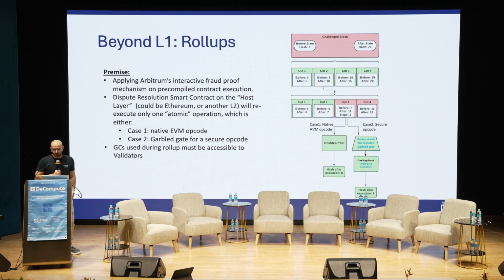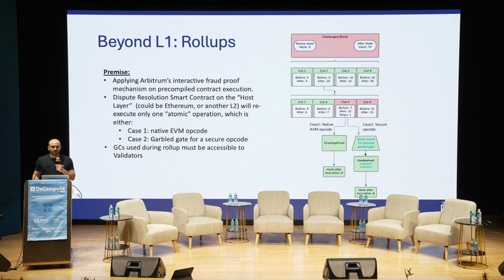And we understood that we can combine the interactive fraud proofs of Arbitrum with garbled circuits. I will not get into much detail here, but if you know Arbitrum's protocol, there is a bisection protocol where an asserter and the party who raises a dispute need to decide who is right and who is wrong.